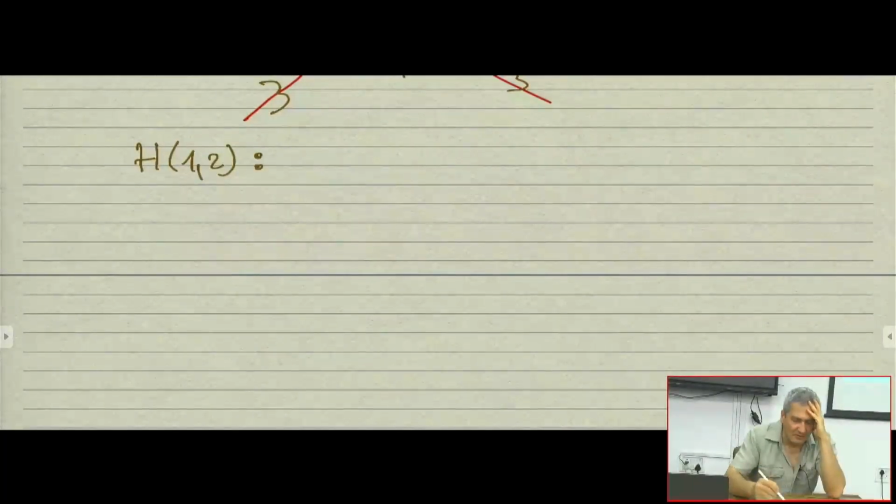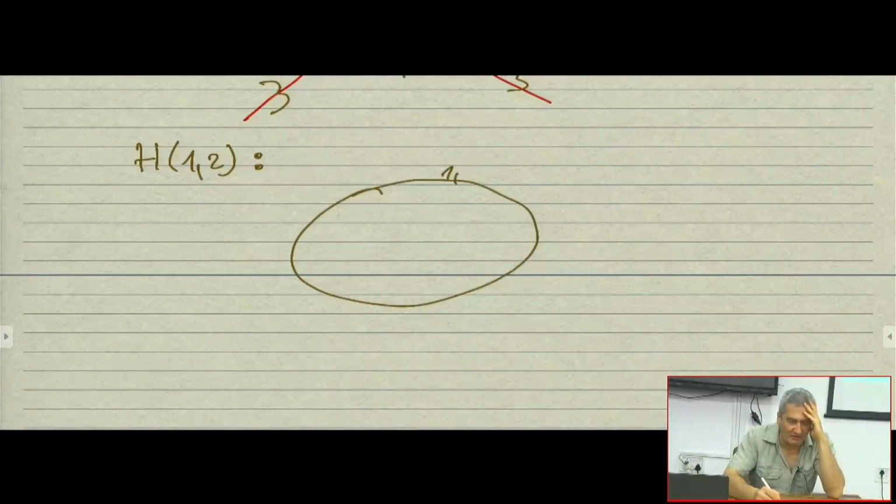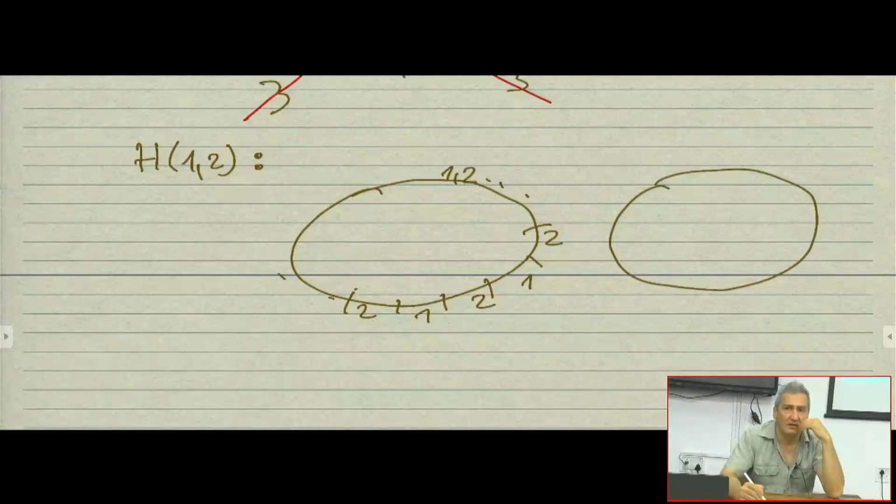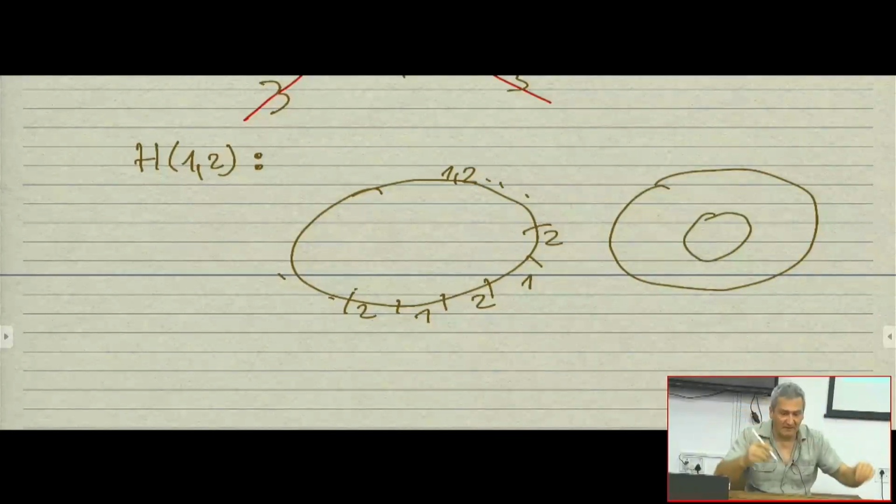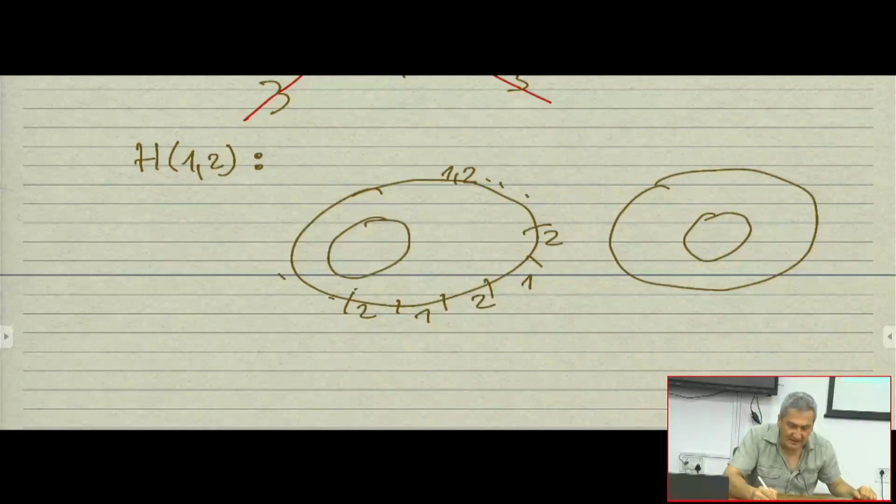We're going to have one cycle, with edges colored 1 and 2 consecutively, like 1, 2, 1, 2, and so on. Then another cycle here. You may have another cycle inside. It is a planar graph. You may have a cycle here, and a cycle here.